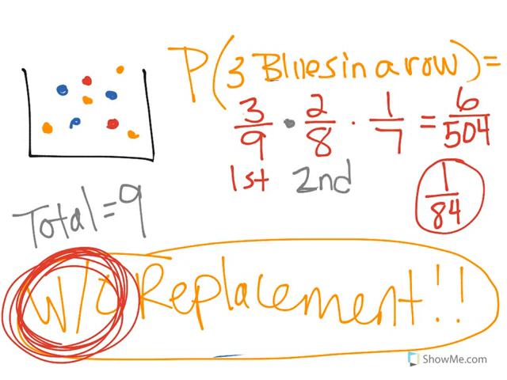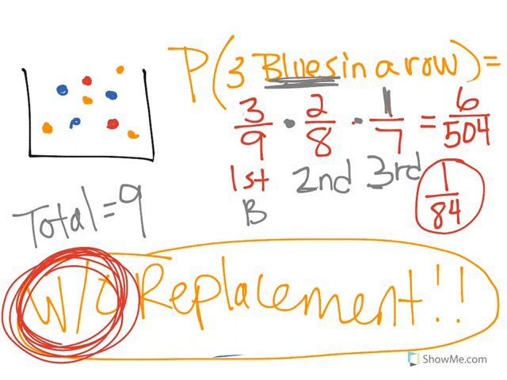You have 9 to start with, but you don't throw it back in, so your total gets 1 less. Also, your blue gets 1 less because that first marble was blue, which means there's only 2 blue left. Then on your third pick, you're left with 1 blue marble and 7 total. It goes down each time for the blues and for the total.